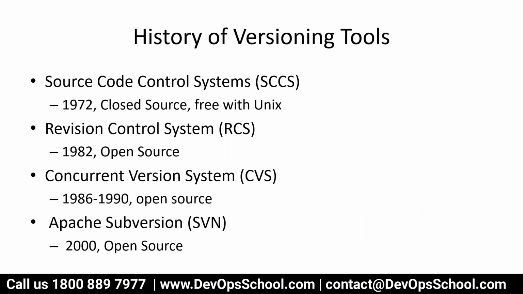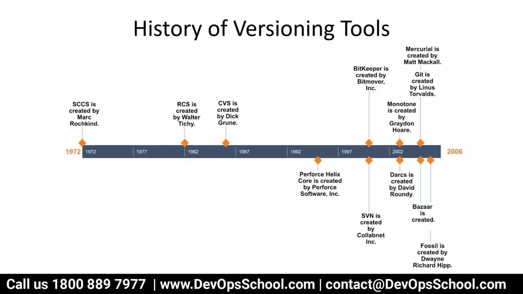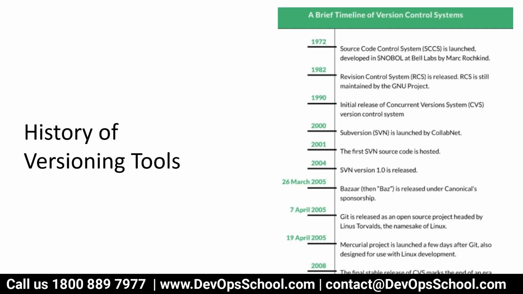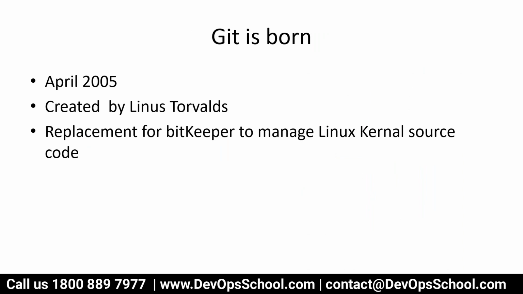By the way, this is the history of open source tools, not commercial tools like Perforce, ClearCase, or VSS. I won't get into the history of versioning right now. Git was born in April 2005.